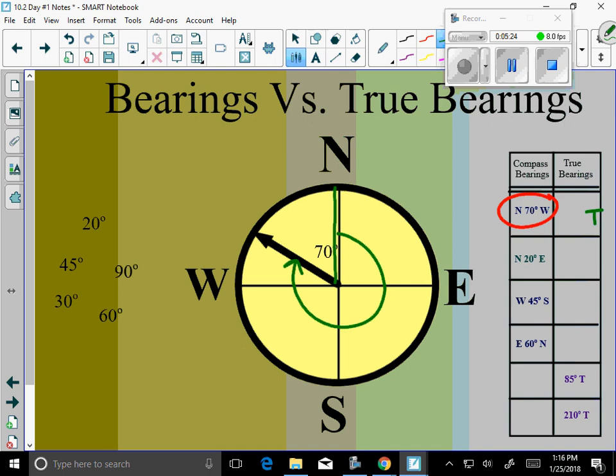What would that be? 290 true. Okay, will you with a neighbor try these? Try to fill in the missing blanks and then we'll check them.